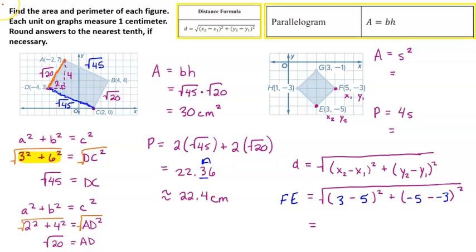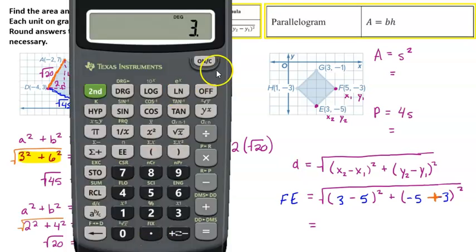And to make this easier on myself when I go to put this into the calculator, notice that we have two negatives next to each other, so we can change that to a plus here. And that way we're not doing minus and negative in our calculator. We can just type it with that plus sign instead. So I'm going to clear out my calculator.